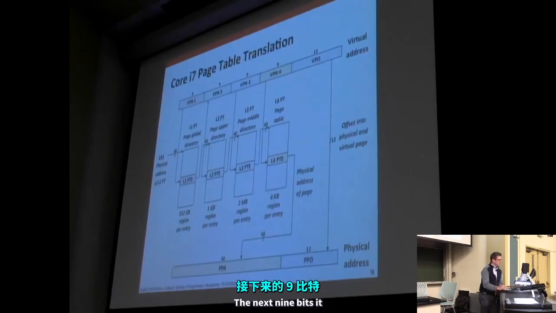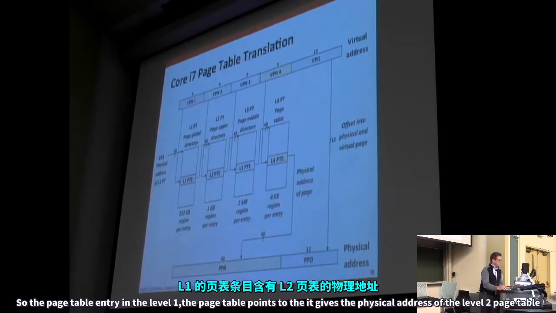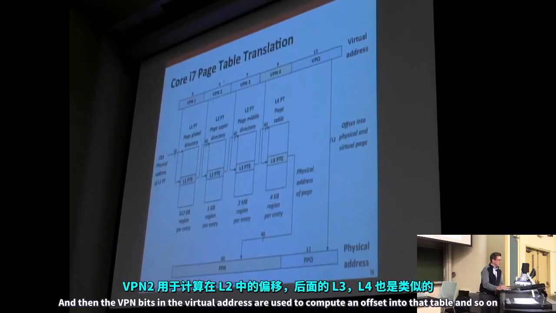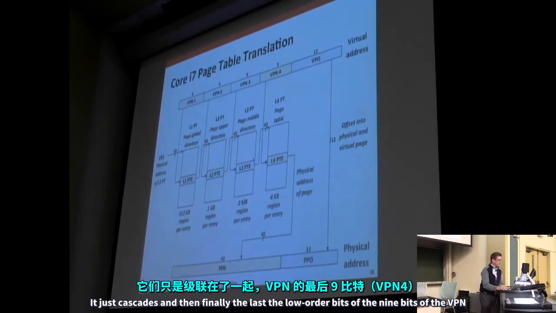The next 9 bits, so the page table entry in the level 1 page table points to, gives the physical address of the level 2 page table. And then the VPN bits in the virtual address are used to compute an offset into that table, and so on. It just cascades.